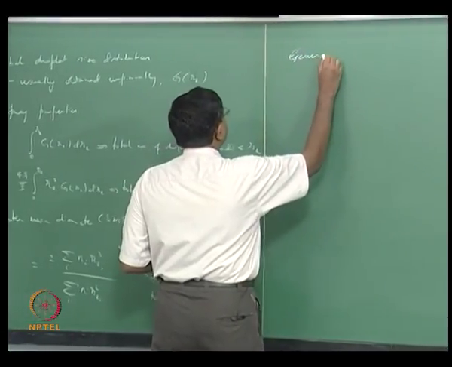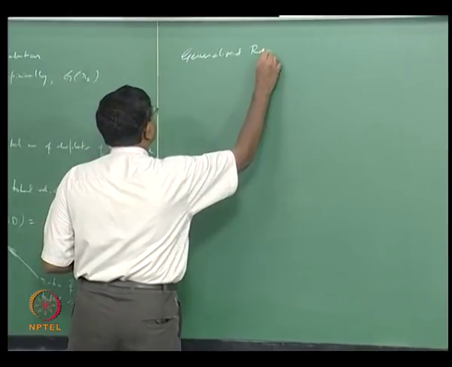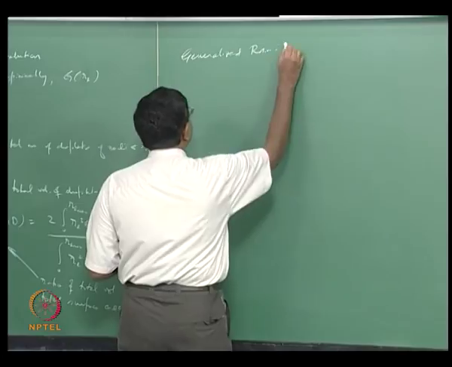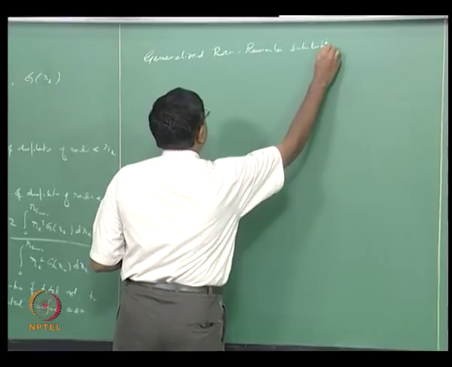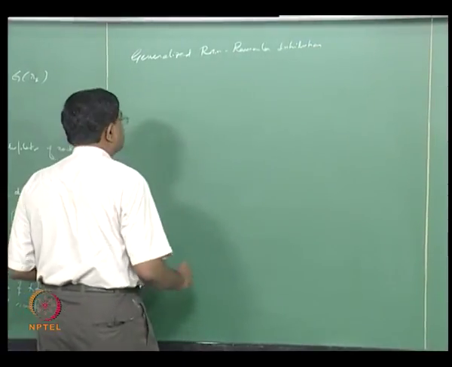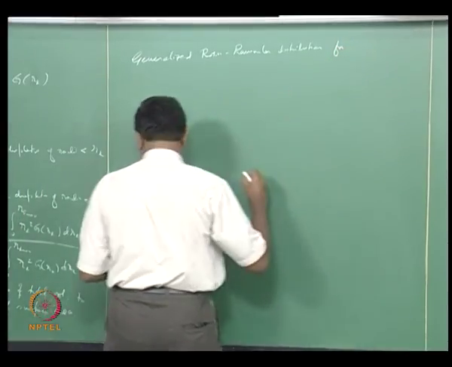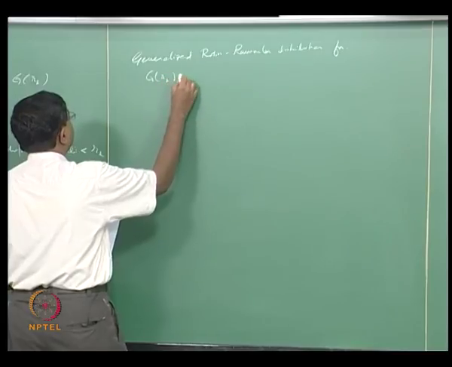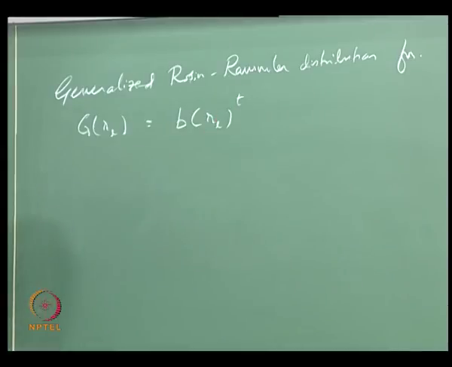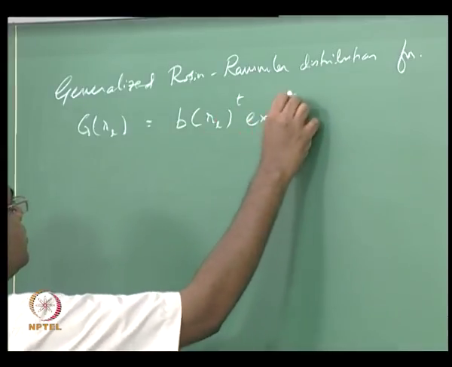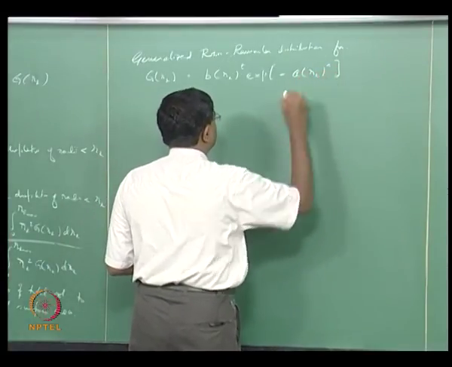The generalized Rosin-Rammler distribution for sprays is a distribution function G(RL) equals B (RL)^T exponential of negative A (RL)^S.